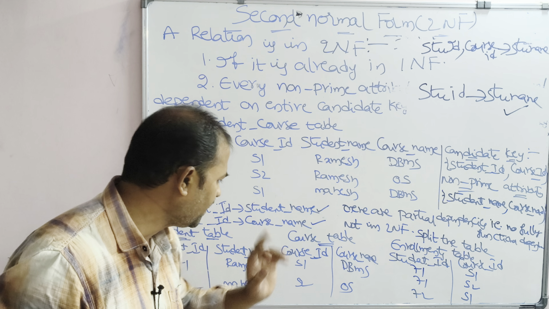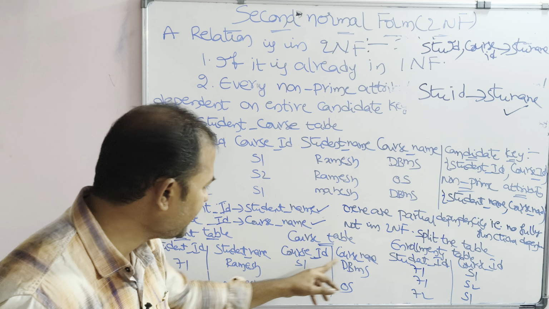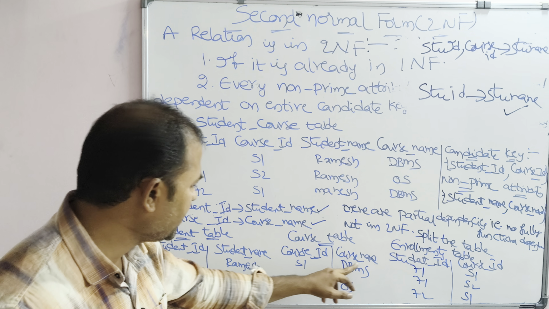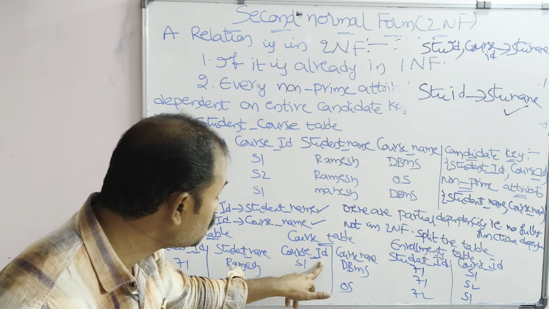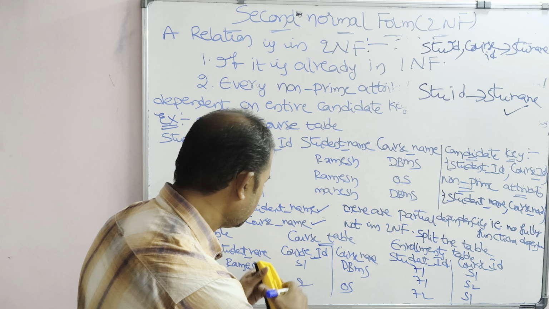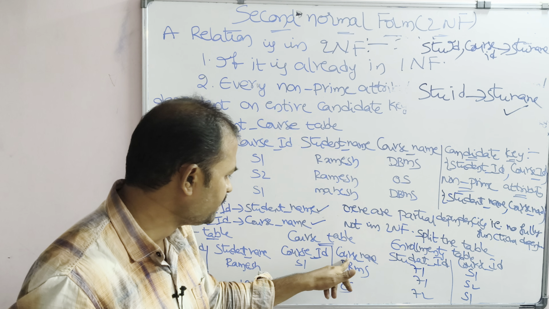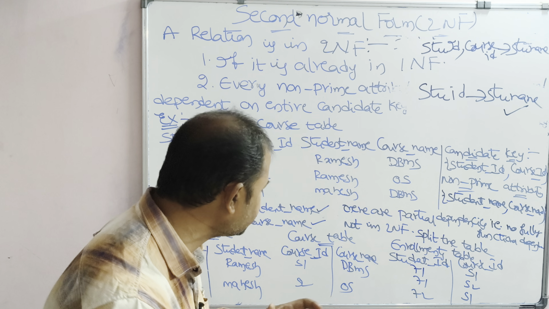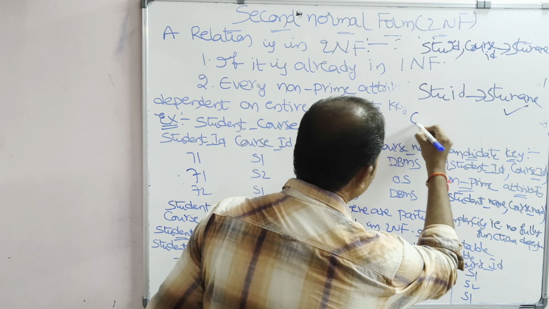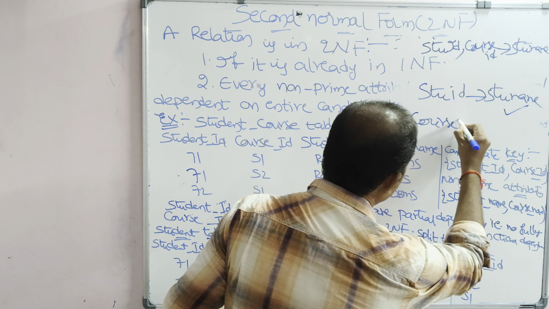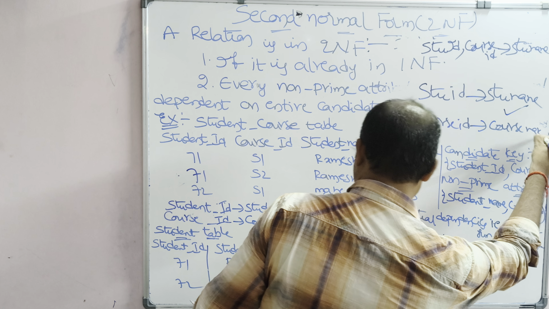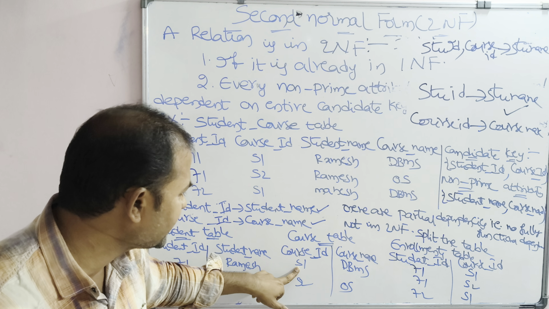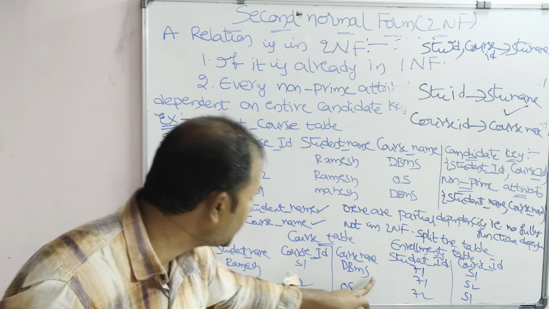Now let's see the course table. The course table contains two attributes: course ID and course name. Here the primary key is course ID, whereas the non-key attribute is course name. Let's check whether this functional dependency is correct or not. Course ID determines course name. If the course ID is S1, then the course name is DBMS.